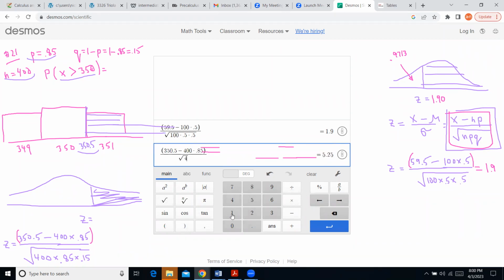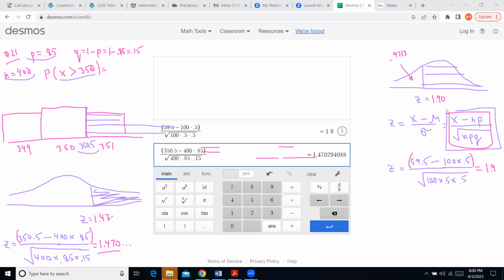So the denominator is square root of 400 times 0.85 times 0.15, and we've got some kind of z-score. This is 1.470. We don't need any further because we round to 1.47, right?